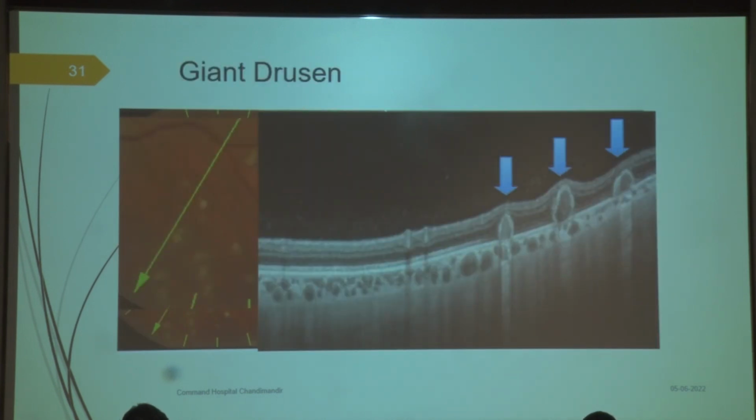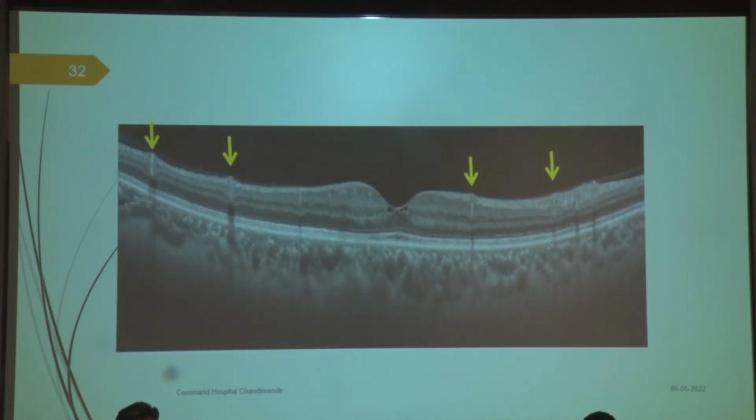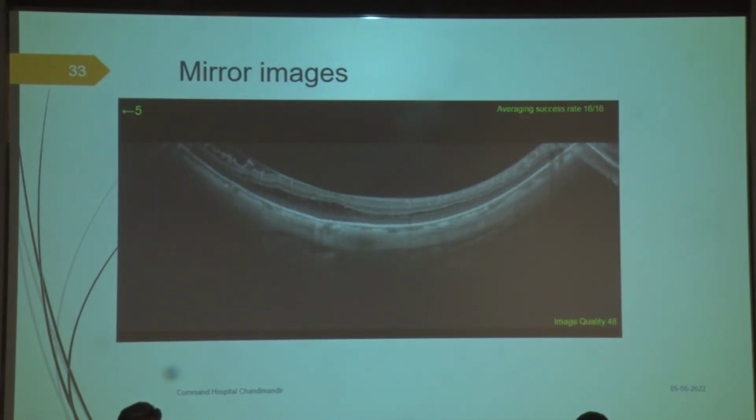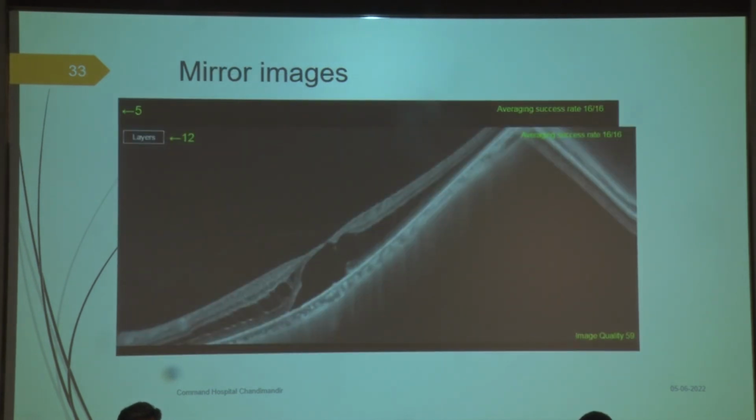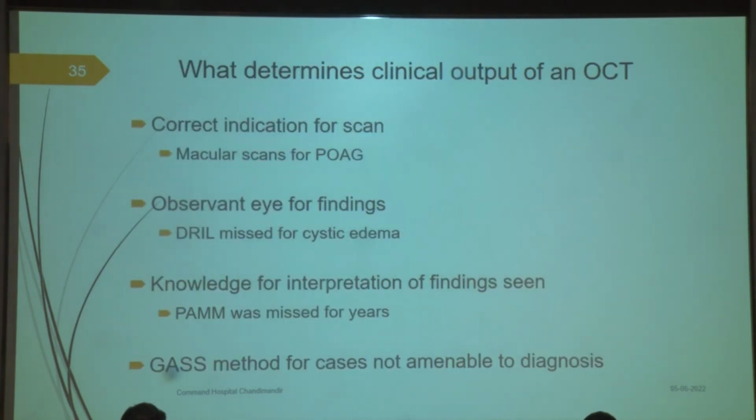These giant drusen were reported by my very dear colleague Dr. Vinod recently, and these are just plain simple vascular shadows and should not be confused for any fluid. The mirror image pattern on an OCT should be alerted for, and one should not confuse these for occurrence of detachment or fluid. So, what determines the clinical output of an OCT is the correct indication, an observant eye, and knowledge of the interpretation which we see.